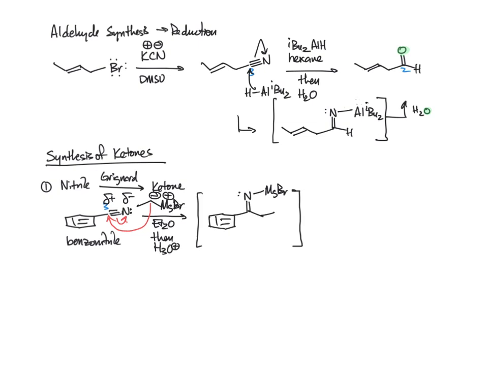So we're going to sit at this, this sort of N minus Br plus. I'm just drawing it as a bond for now. So it's going to sit here until we add this acid.